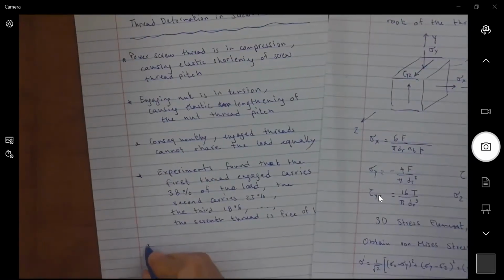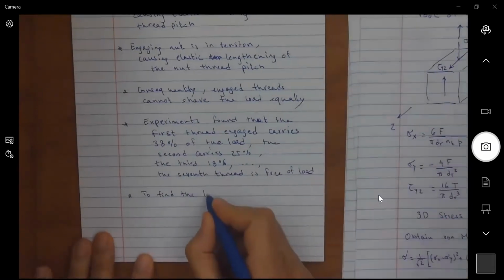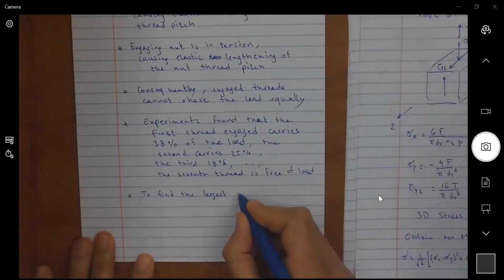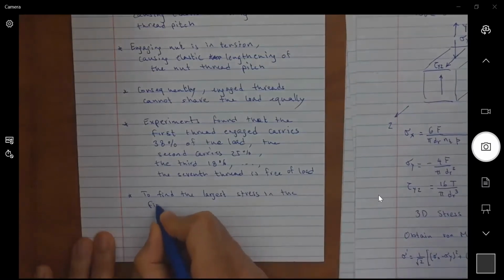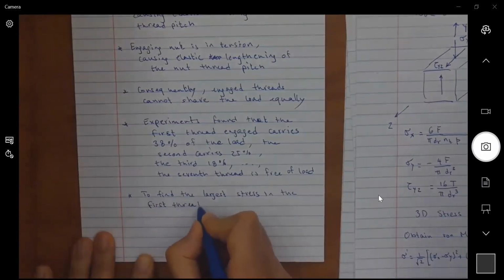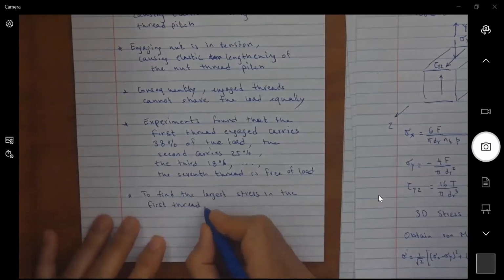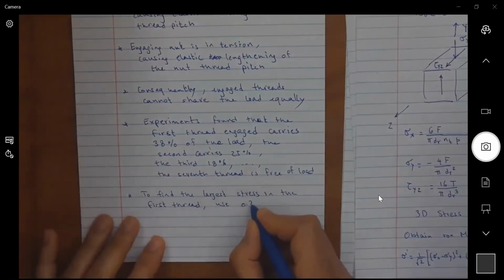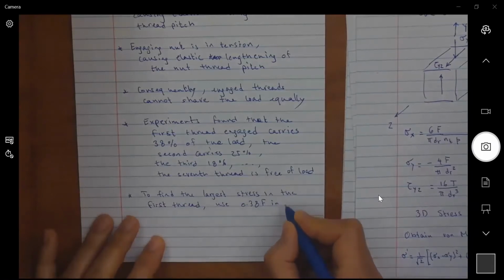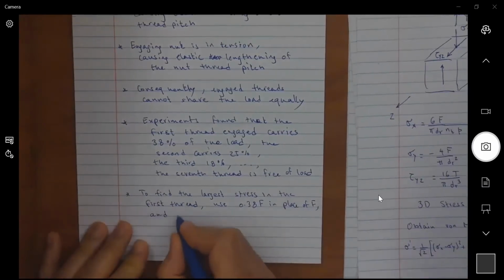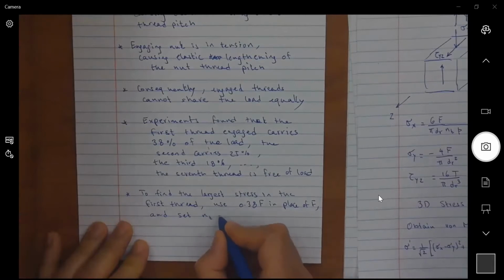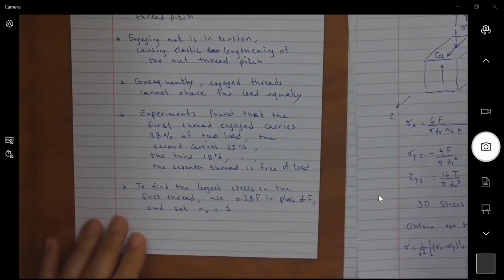So to find the largest stress in the first thread, use 0.38 F in place of F and set NT to be equal to 1. Okay.